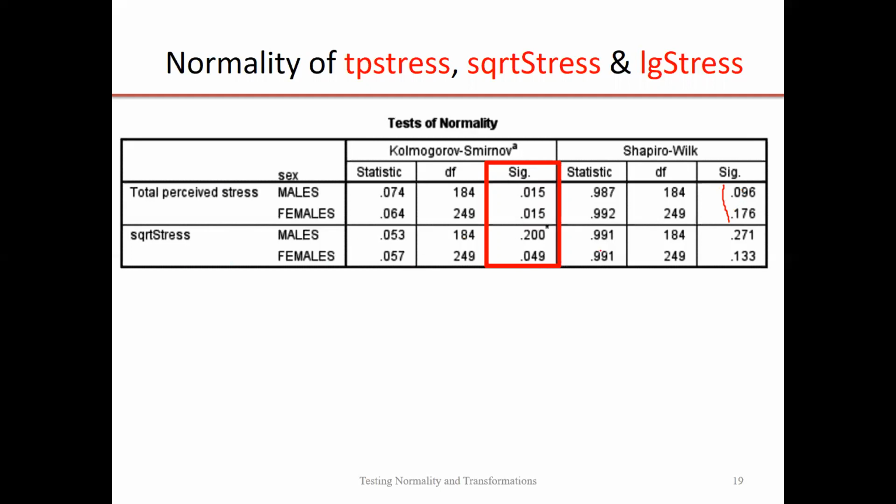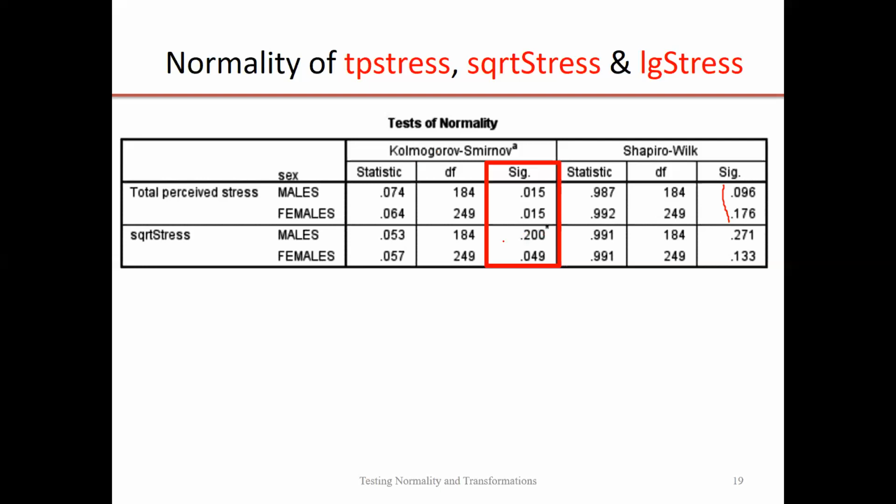The test can again be performed on the square root transformation. You can see the p-value becomes 0.2 from 0.015, and 0.49 for the other. The female data becomes approximately normal, while the male data still has a p-value of 0.2.